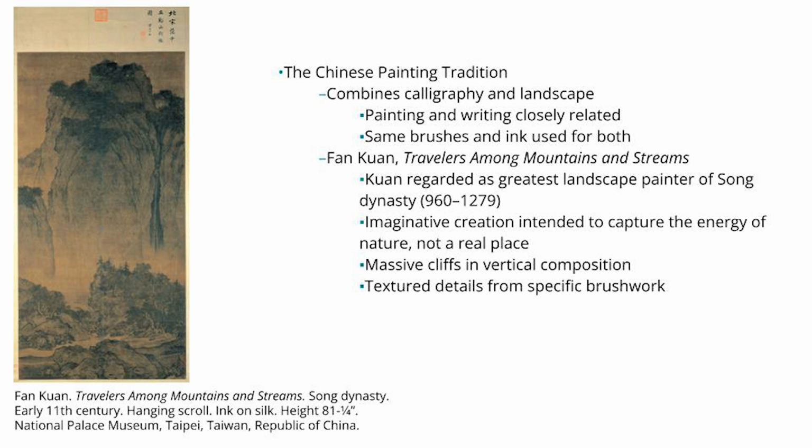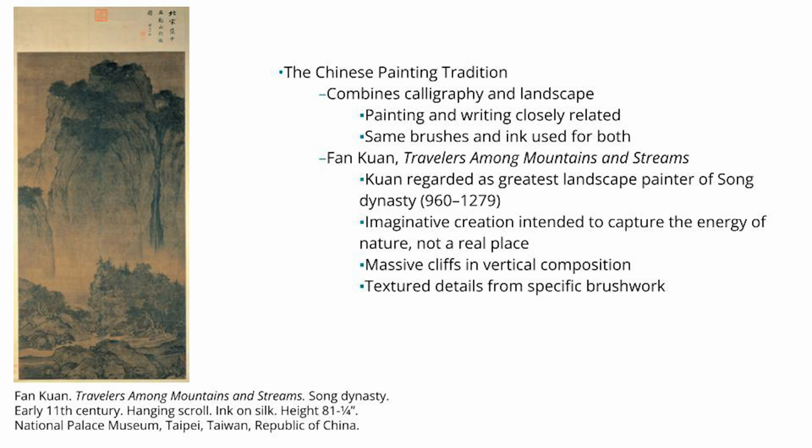So these were all imagined landscapes. You can see these massive cliffs in vertical composition here in the background. And then there are also very textured details from very specific brushwork techniques that were learned over a very long period of time and taught from one master painter to another.